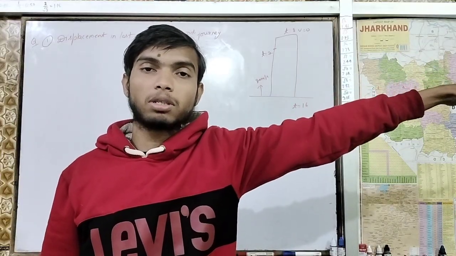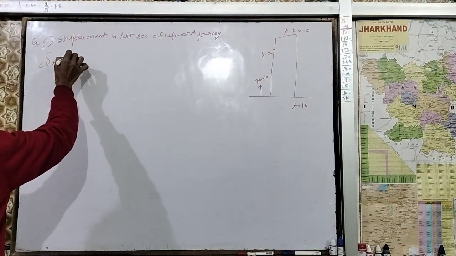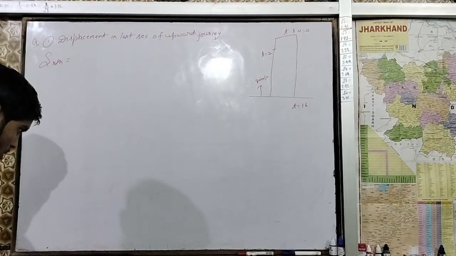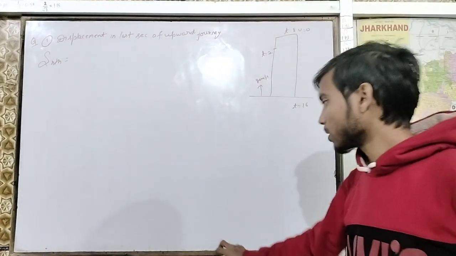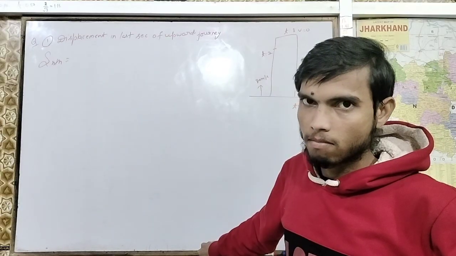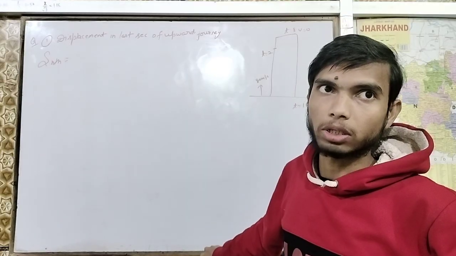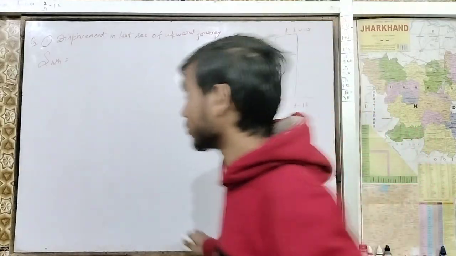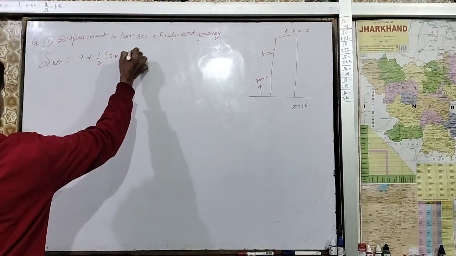Ascent formula will be used. So the ascent formula says u plus half, 2n minus 1 into a.